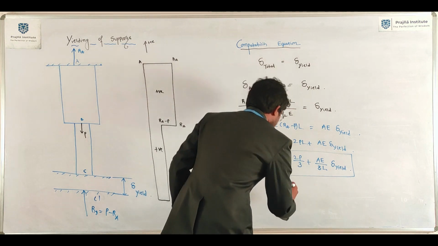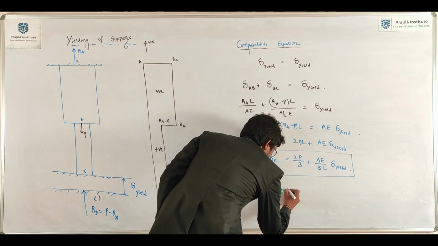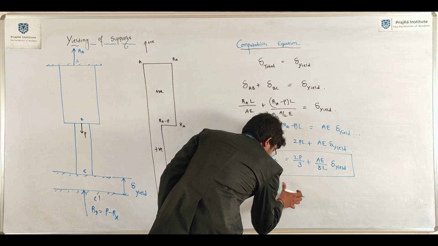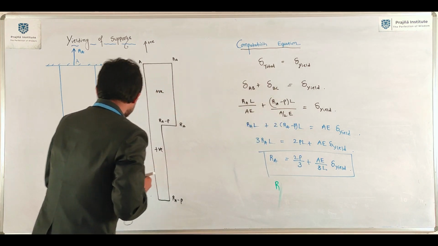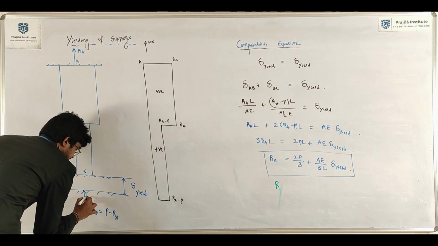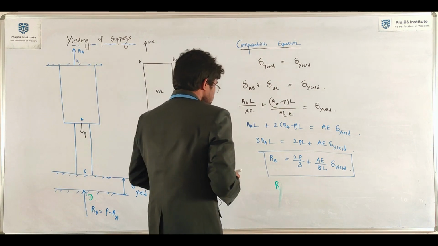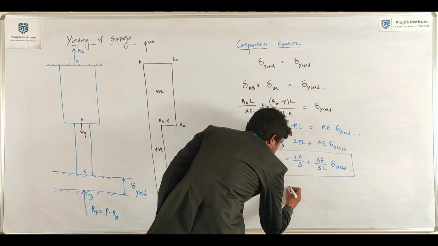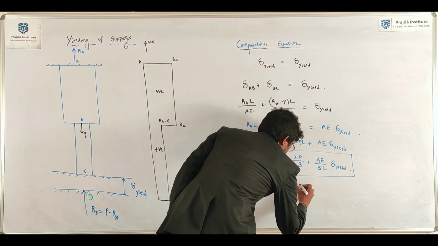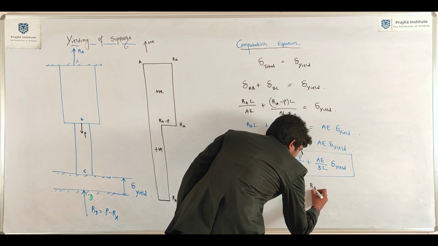So here RD, RC, right? If you write, it is D. You have written D, default. So RD is equivalent to P minus RA.